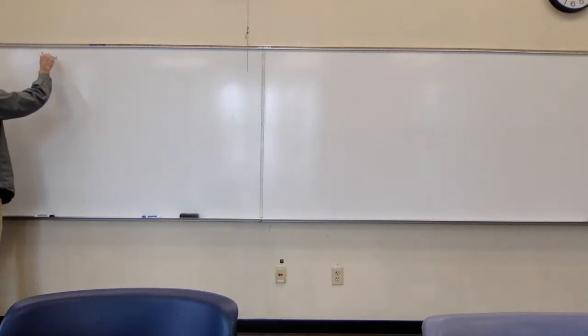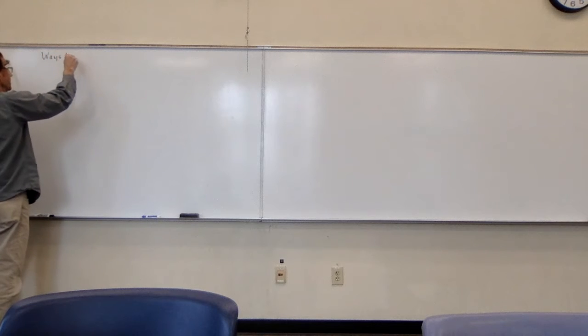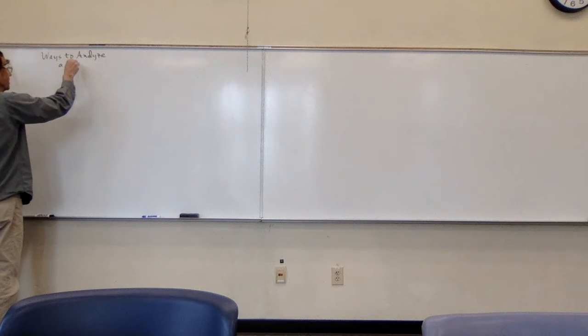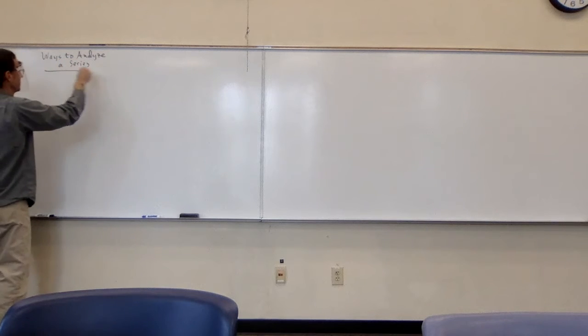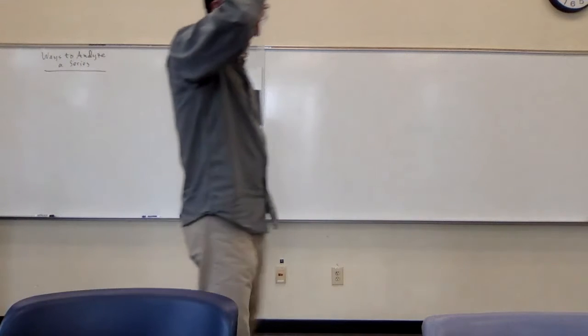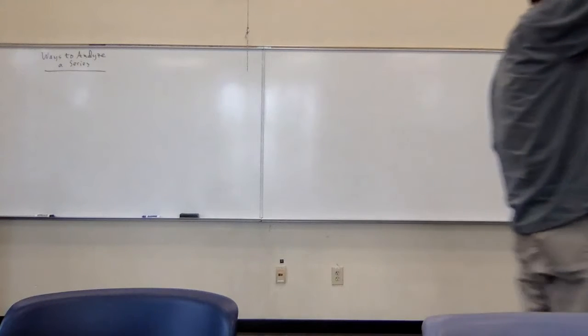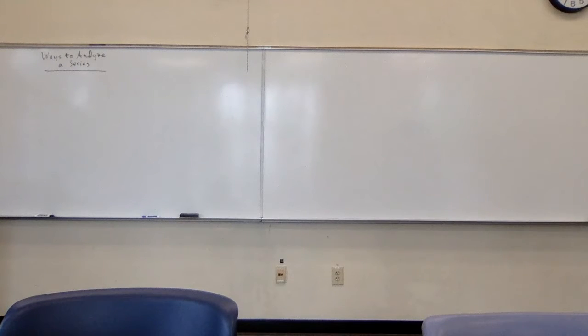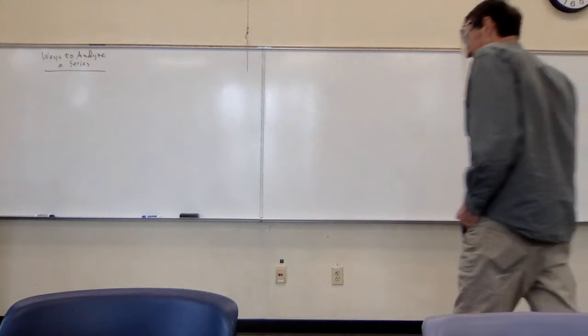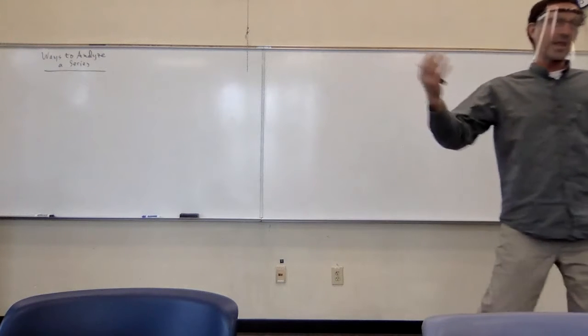I'm going to maintain a list here. Over the next few class periods, we're going to learn lots of ways to determine the behavior of a series. And as we learn new ways, we'll add it to the list.